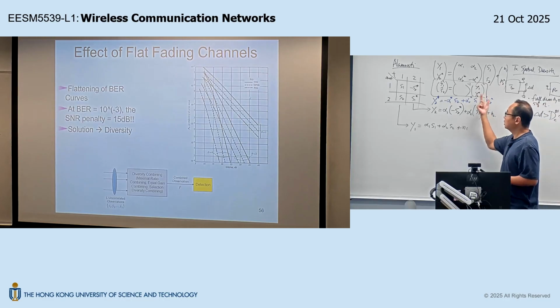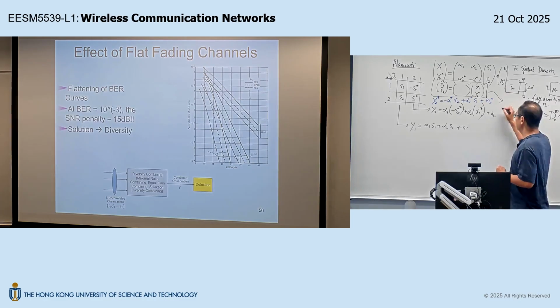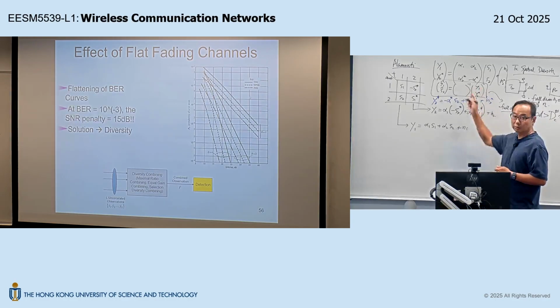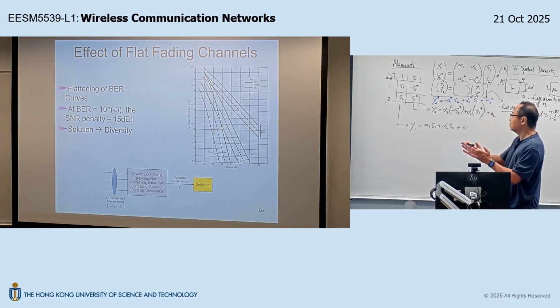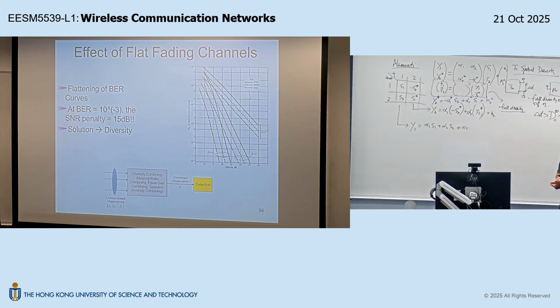But what I wanted to say is, if you solve this equation like this, you can see that it will have full diversity, because each coefficient would be in terms of the magnitude of alpha 1 squared plus the magnitude of alpha 2 squared. So this will basically give you a diversity order of 2.